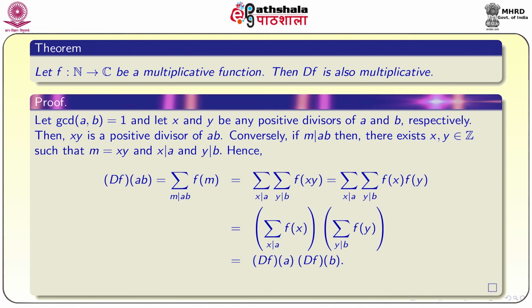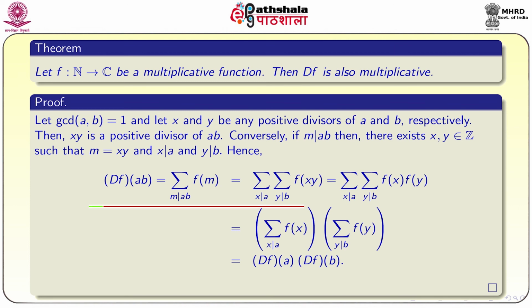Let x and y be any two positive divisors of a and b respectively, then xy is a positive divisor of a into b. Conversely, if m divides ab, then there exist x and y in Z such that m is equal to xy, and also x divides a and y divides b. So, this is easy to verify.